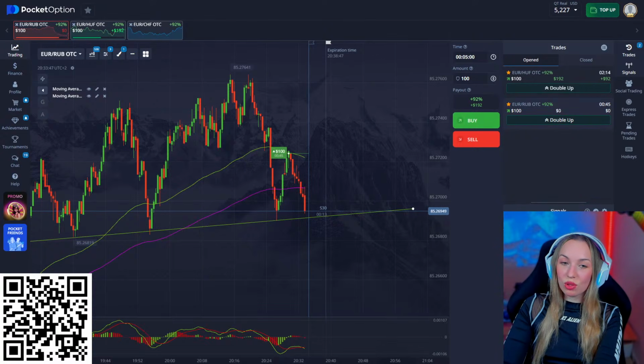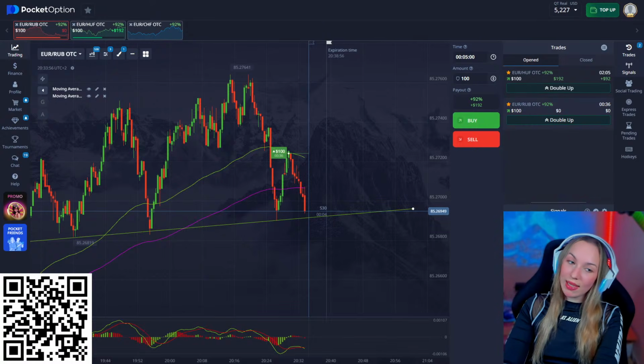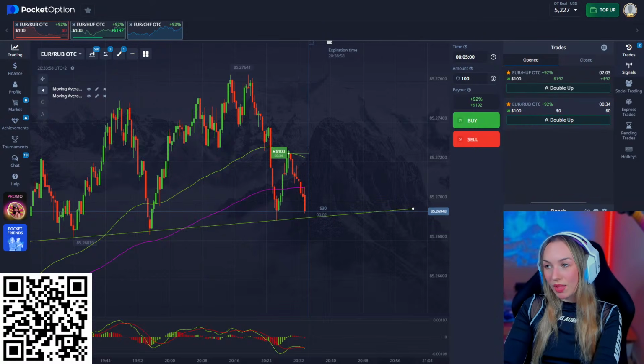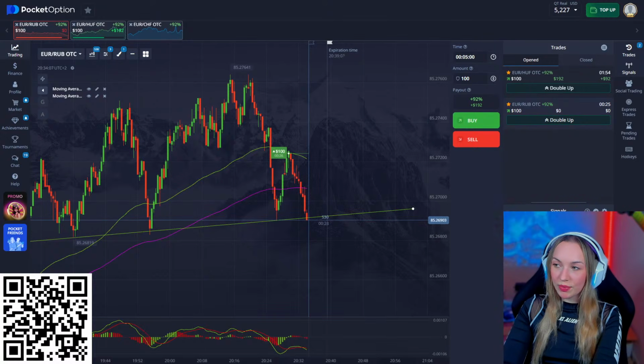We just need to take these mistakes, understand them, analyze them, and move forward. So that's fine. Euro Ruble, maybe a little bit later we'll open one more trade to get our money back on this chart.